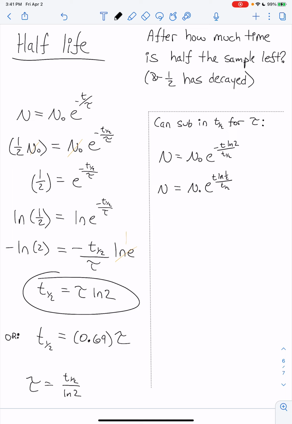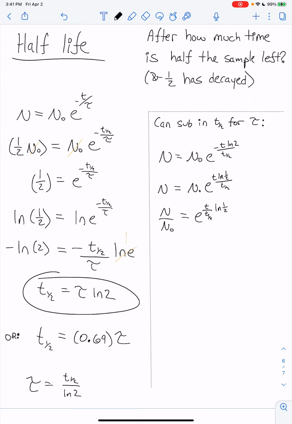Okay, and you'll see why. I think that's helpful. All right, so now let's bring the N's together. So we've got N over N naught is equal to e, and we've really got t over t1/2 times ln 1/2.